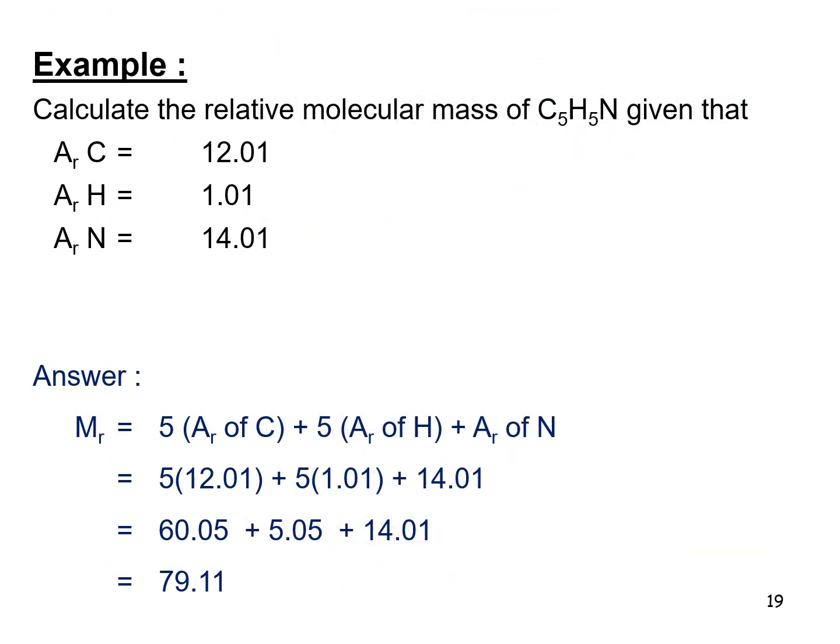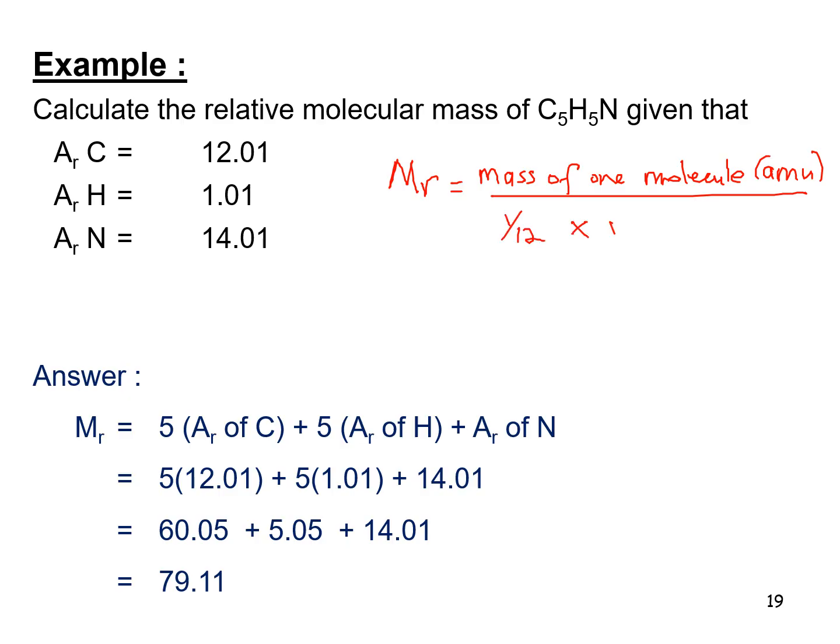Okay, dalam soalan ni dia suruh kamu cari relative molecular mass of C5H5N, right? Okay, on the previous slide tadi dia cakap sama ada kamu punya formula of relative molecular mass kamu is gonna be the mass of one molecule in unit AMU bahagikan dengan 1/12 kalikan dengan carbon 12 atom in unit AMU kan.